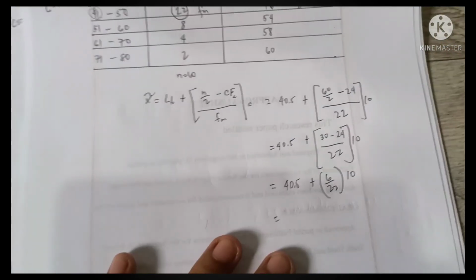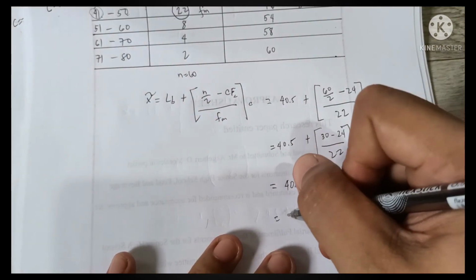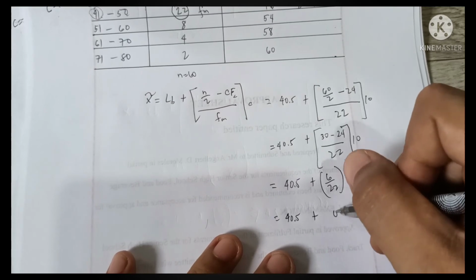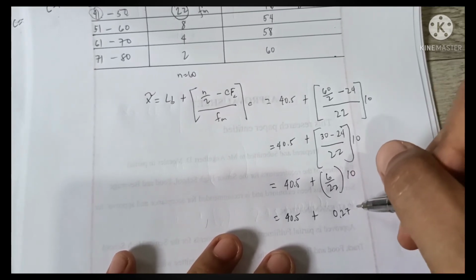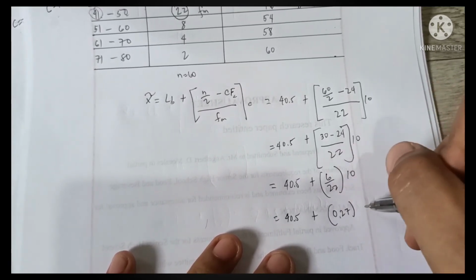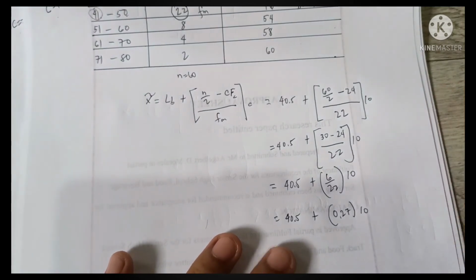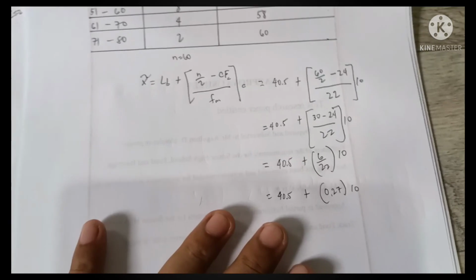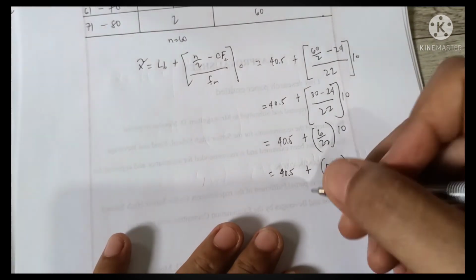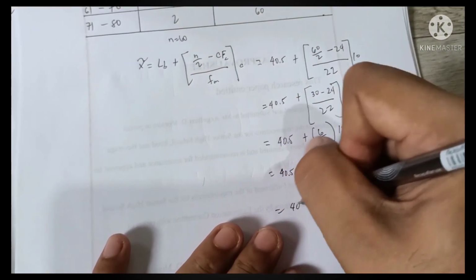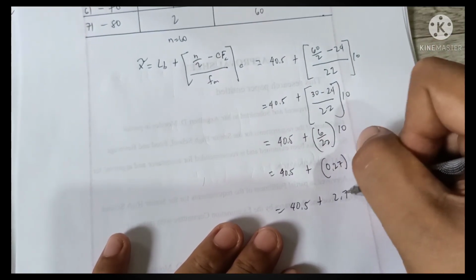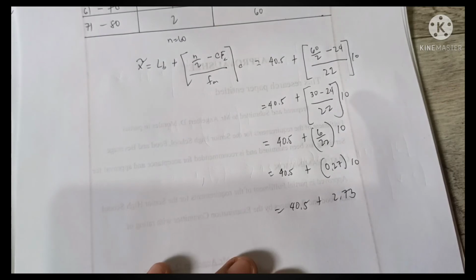Okay, next, 40.5 plus 0.27 times 10. Okay. So, we'll be having 40.5 plus 2.72 or 2.73.